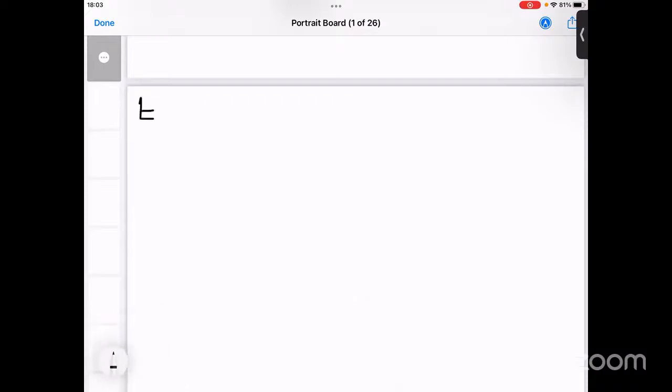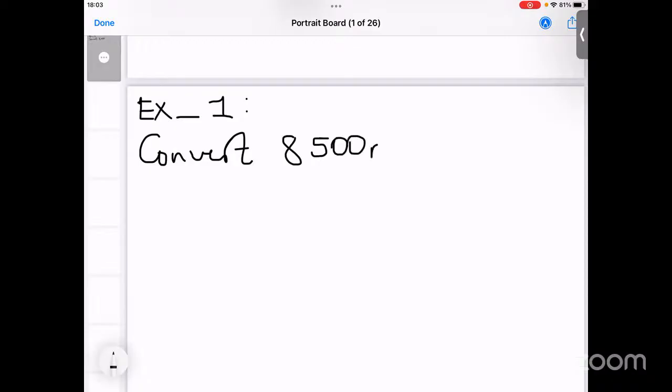Maybe let's consider this to be example number one, where what we are going to be doing is to convert, let's say, 8,500 millimeters to centimeters.